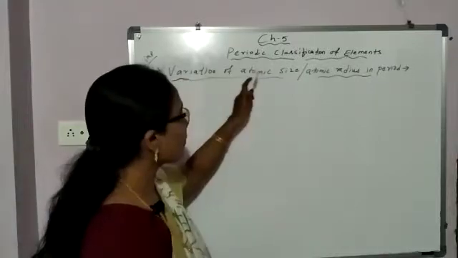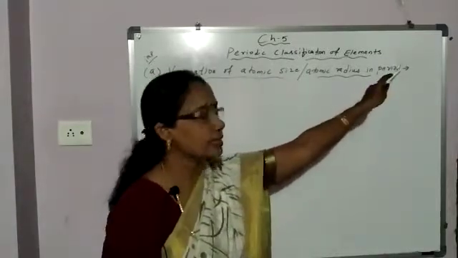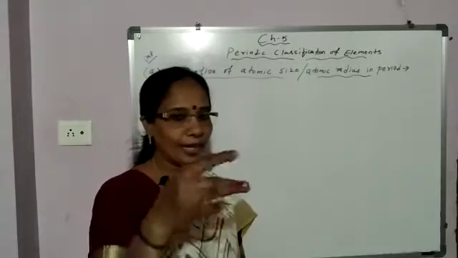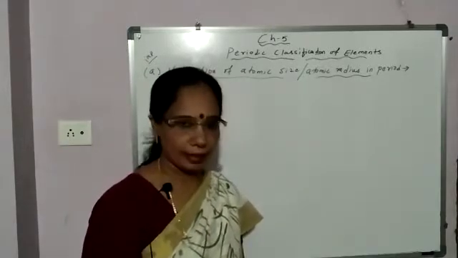So, variation of atomic size or atomic radius in a period. I am taking the example of third period elements.